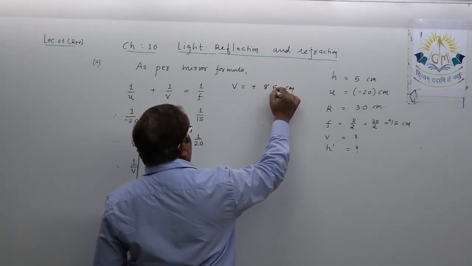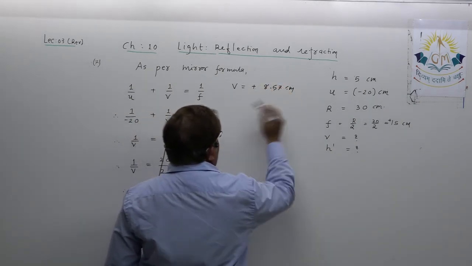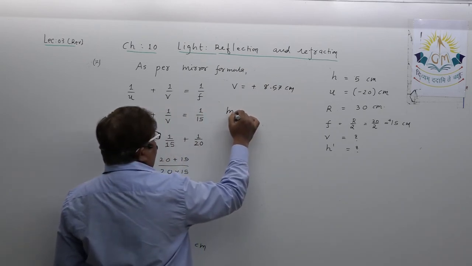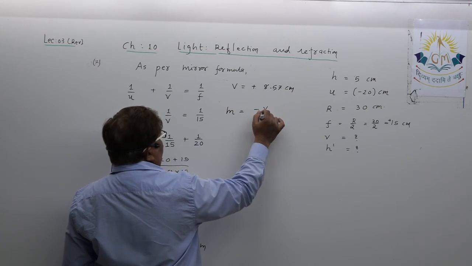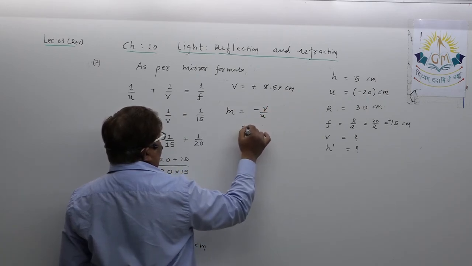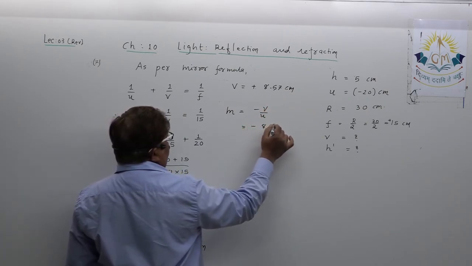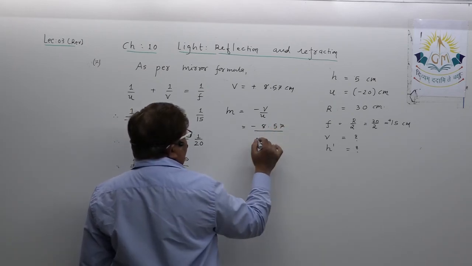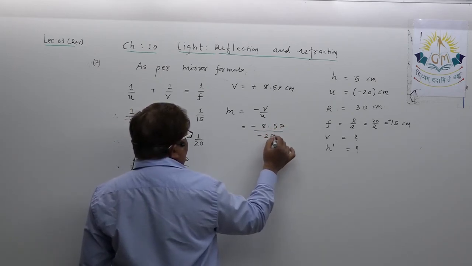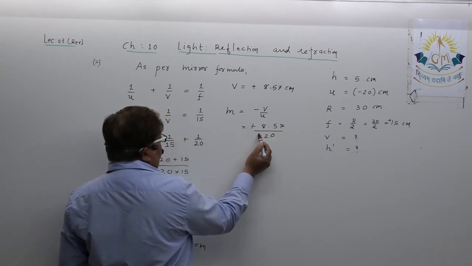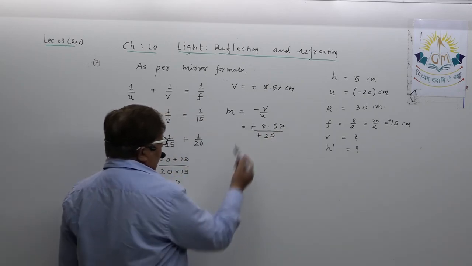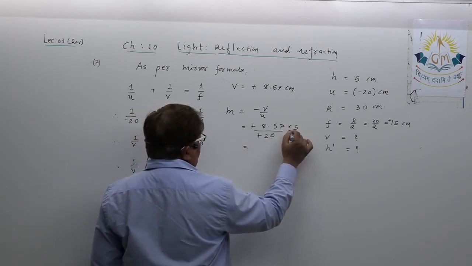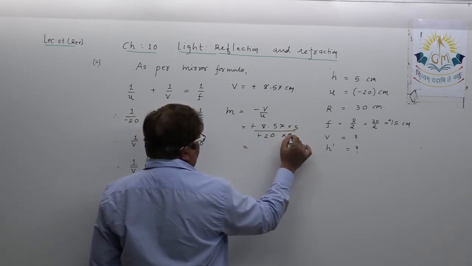Don't worry, 8.57 centimeter. Let us go for finding M. M equals minus V upon U, minus 8.57 upon minus 20. This minus minus becomes plus. Rather than dividing, let us multiply by 5.